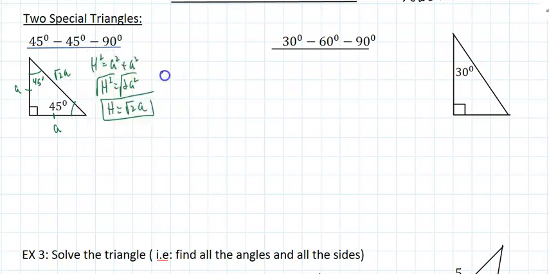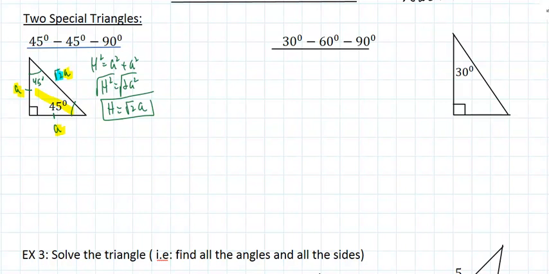That means, since I used A, given any 45, 45, 90 triangle, if I figure out what the side opposite of 45 degrees is, automatically the other side will match, and the hypotenuse will be that side multiplied by radical 2, no exceptions. And that's what we're going to play with for a while.